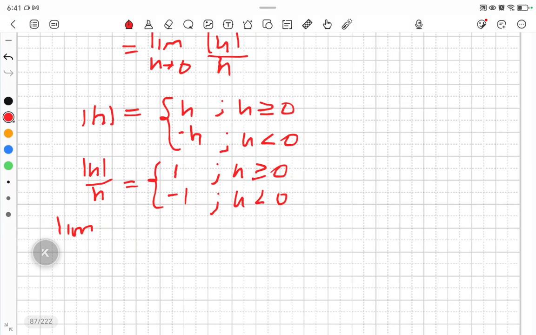The limit as h approaches 0 of this will be equal to, here this is approaching from where? From the left, you see? Of 1 will be 1. So I can just leave it as 1. It will remain 1. Then it will remain minus 1.